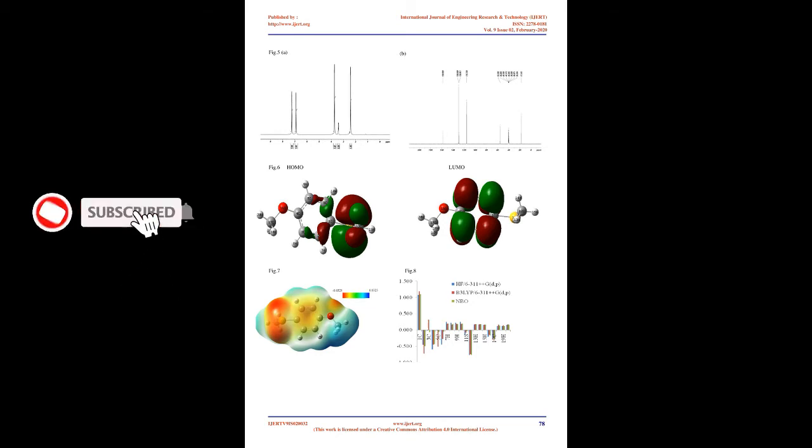These wave numbers are supported by the experimental bands found at 3016, 2934, 2853 cm⁻¹ in FTIR and 3013, 2936, 2856 cm⁻¹ in FT-Raman spectra, respectively. These assignments are also supported by the literature 34 in addition with the PED analysis.